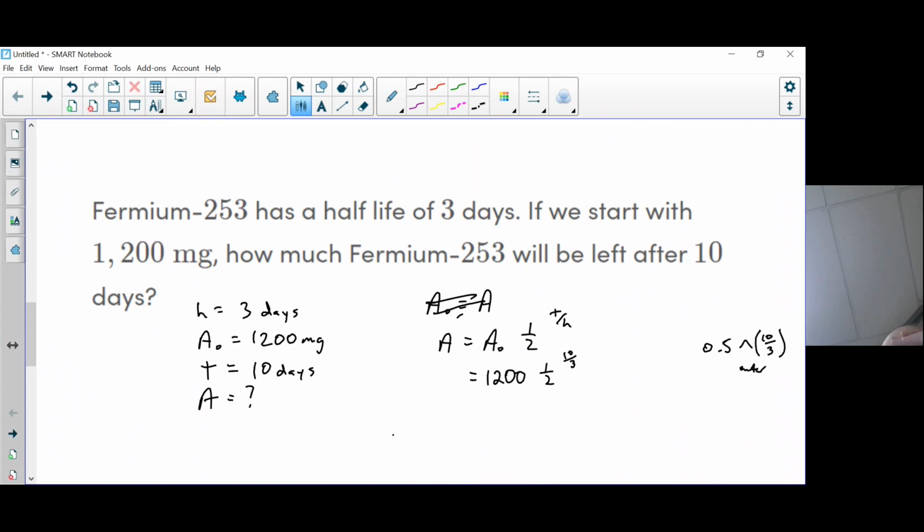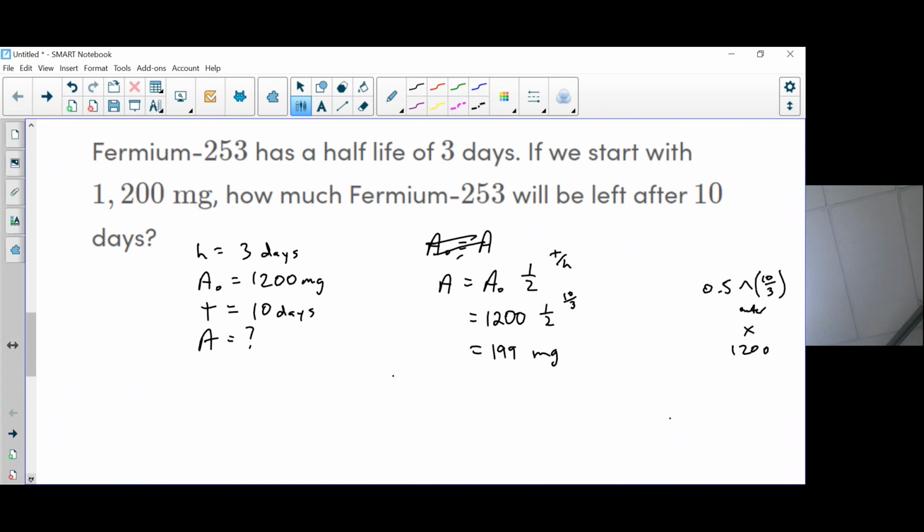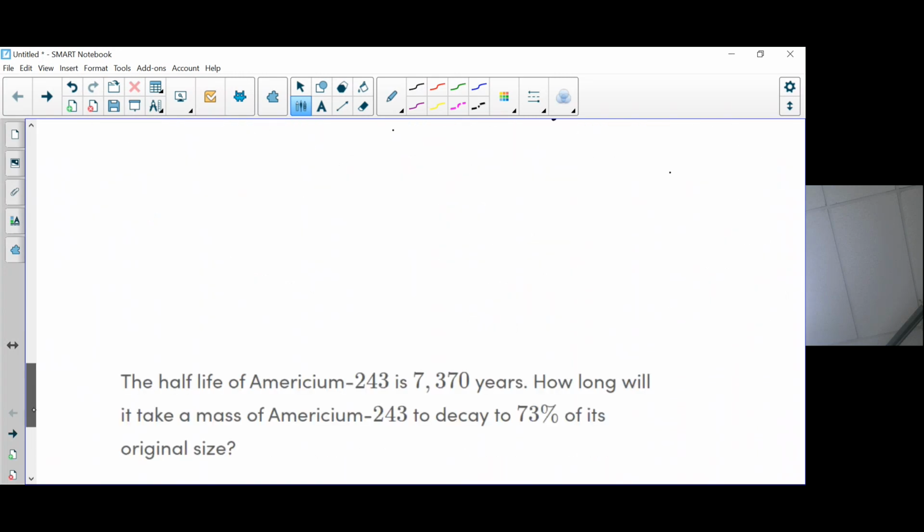And then I would get something on my calculator, and I would multiply that by 1200. And when I do all that, I would get 199 milligrams. So you should make sure that you can use your calculator to get 199. And if you can't, ask me, ask around. All right, one more.